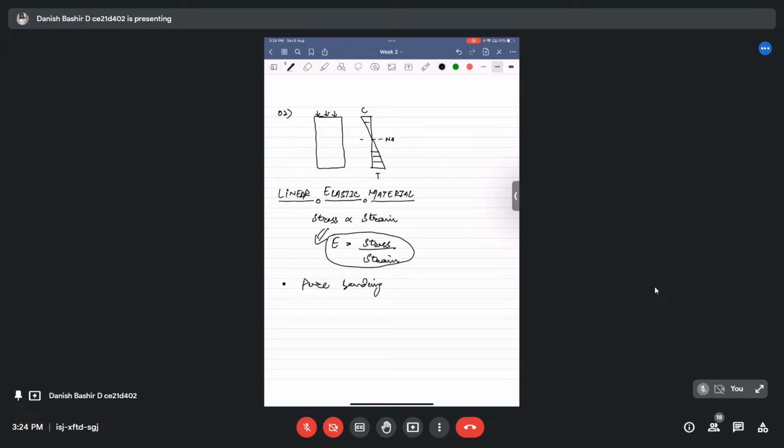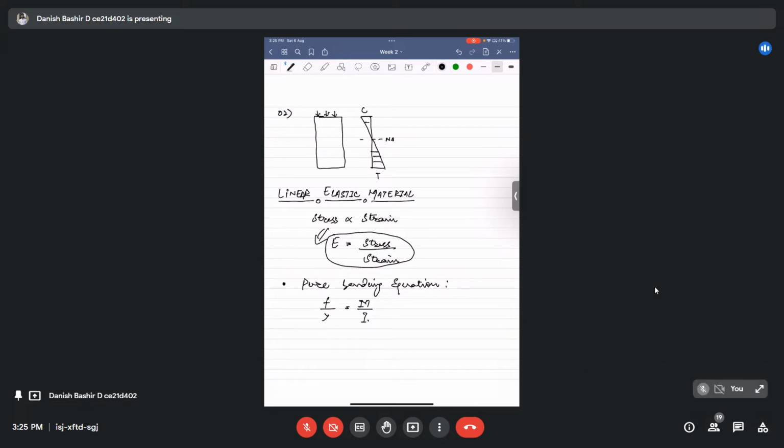We are all familiar with the pure bending equation: F by Y equals M by I, where F is the stress, Y is the distance from the neutral axis to the fiber at which we are finding the stress, M is the applied moment, and I is the moment of inertia of that section.